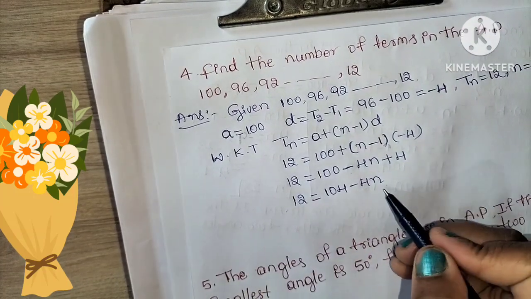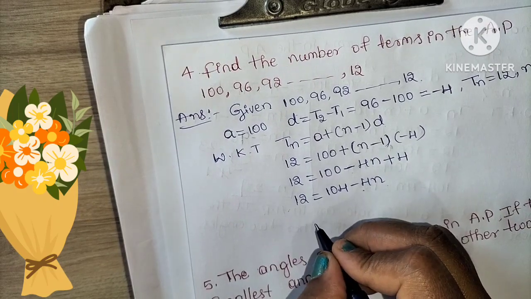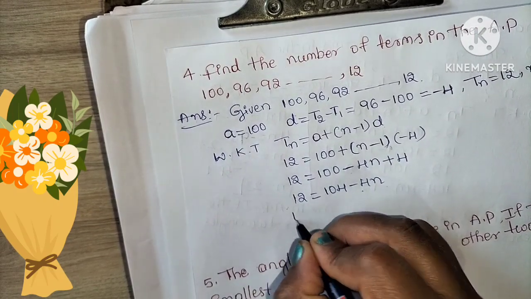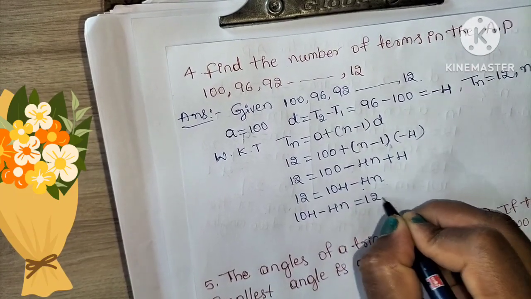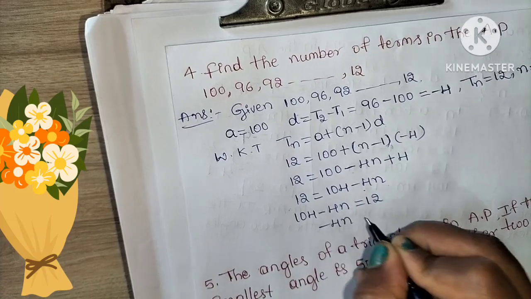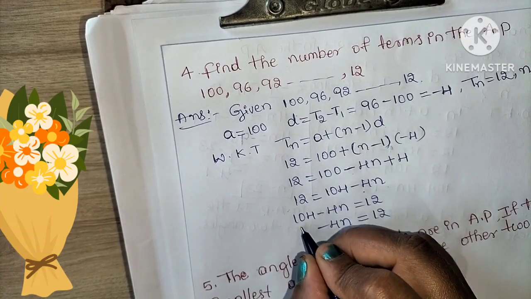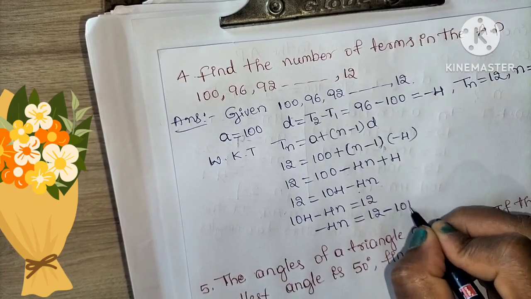Here we have to find the n value, and n is on the RHS. So if we take the complete RHS to the LHS and LHS to the RHS, it becomes 104 minus 4n is equal to 12.